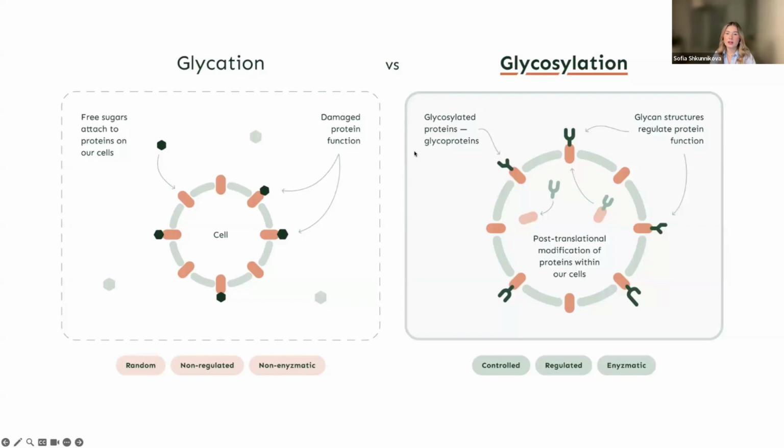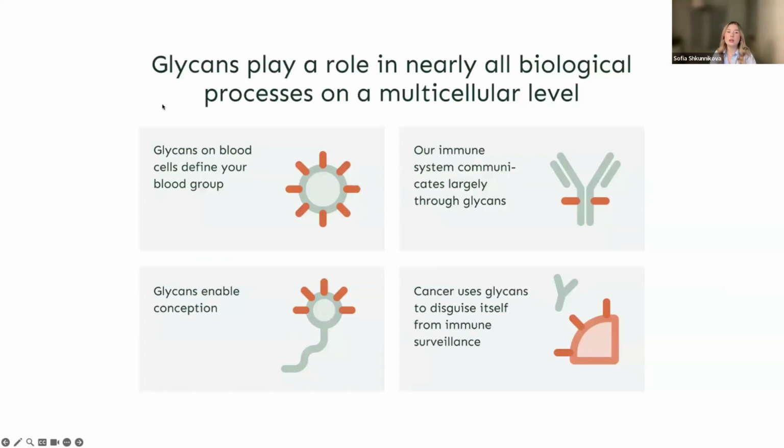What we are focusing on with GlycanAge and with glycans is this process of glycosylation, which is the addition of complex sugar molecules onto our proteins, which is a completely normal physiological process that happens to about 60% of all of our proteins.